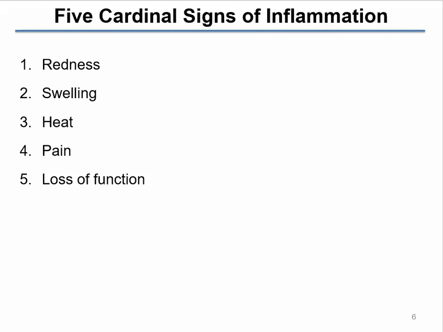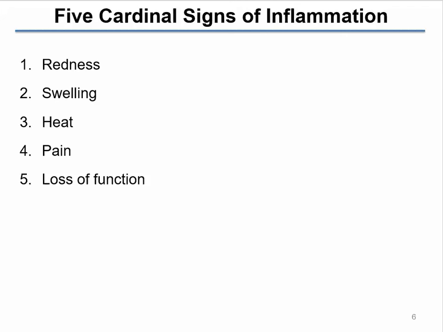There are 5 cardinal signs of inflammation, and when we see these things, we know that there is acute inflammation. When I was in school, there was a mnemonic that was supposed to help us remember, and for literally thousands of years, it was considered that there were 4 signs of inflammation: redness, swelling, heat, and pain.